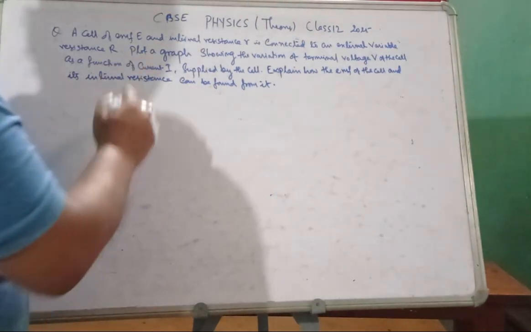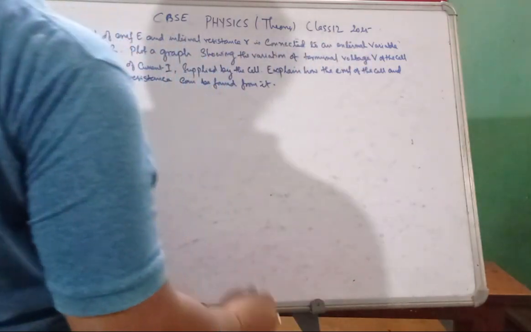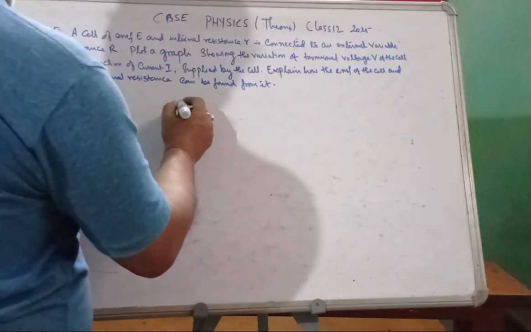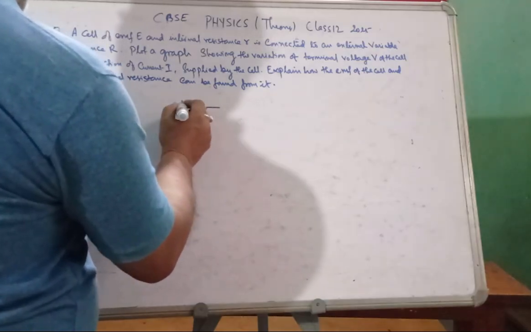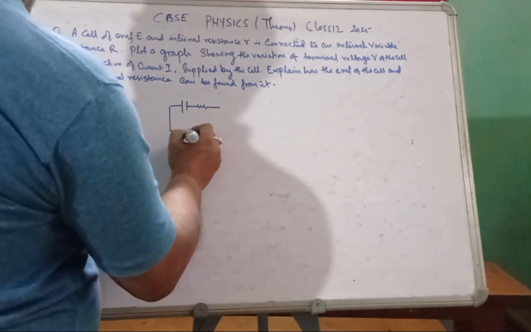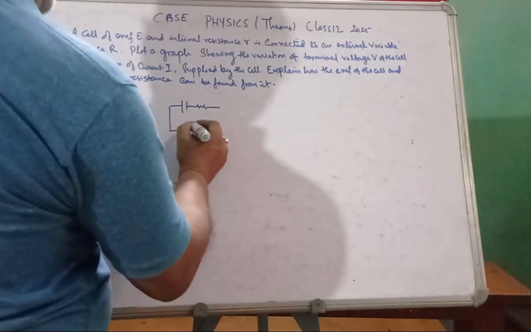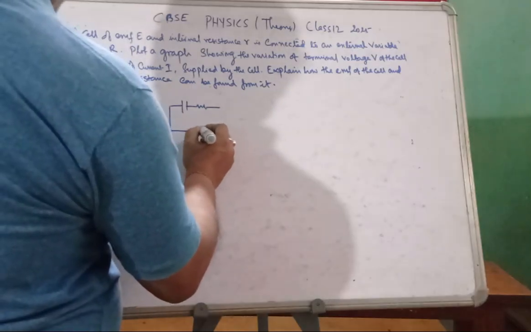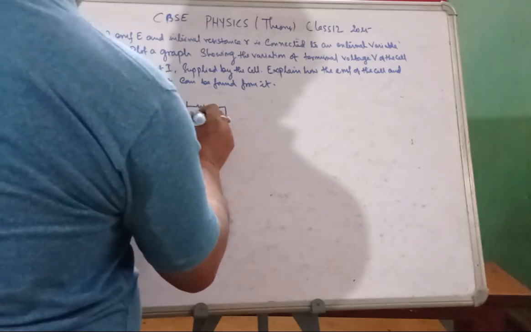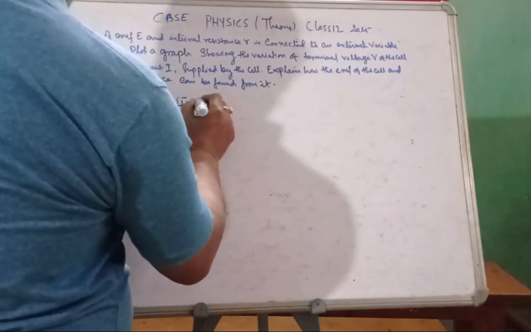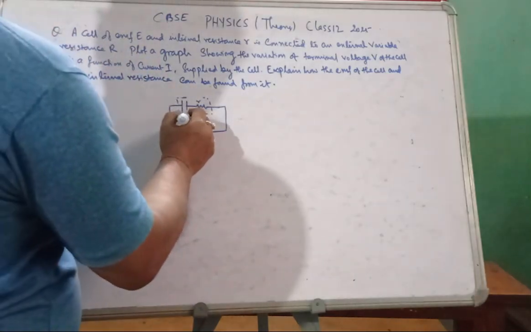A cell of EMF epsilon and internal resistance r is connected to an external variable resistance R. That means a cell with internal resistance r is connected to an external variable resistance R. This is r, this is capital R, and this is epsilon.